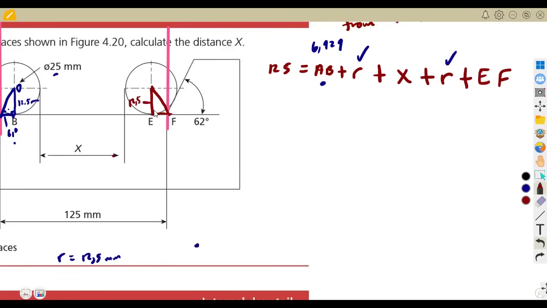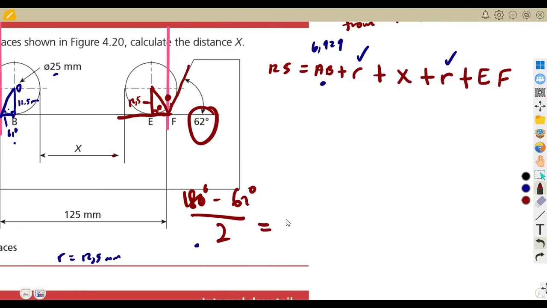We do the same thing from our tangent concept. So this is 62 degrees. We subtract it from 180, divide by 2. These two angles are equal, this angle and this angle inside of the triangle. So 180 minus 62 degrees divided by 2. We talked about this. That will be 59 degrees. So the angle inside is going to be 59 degrees.